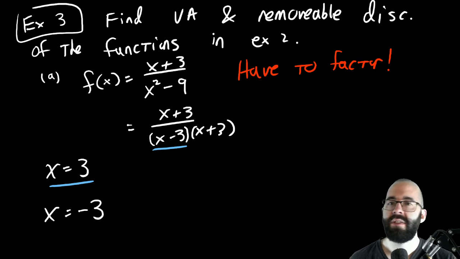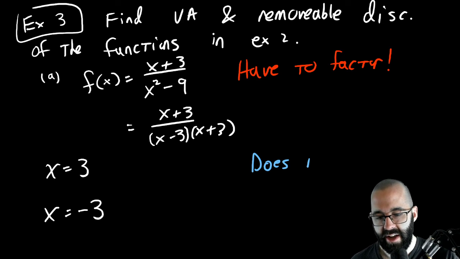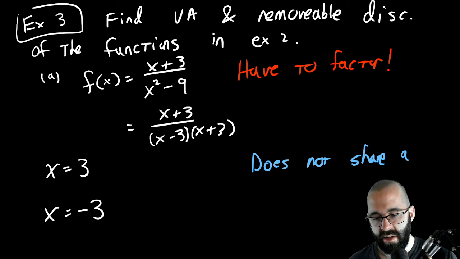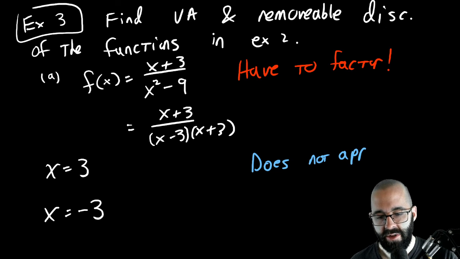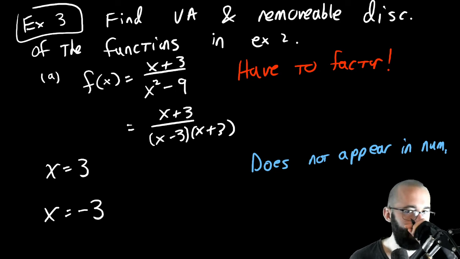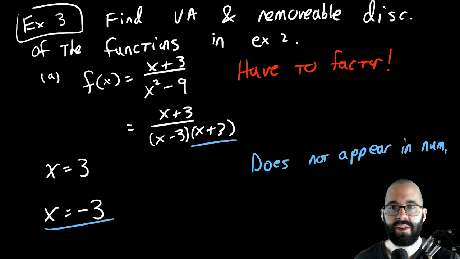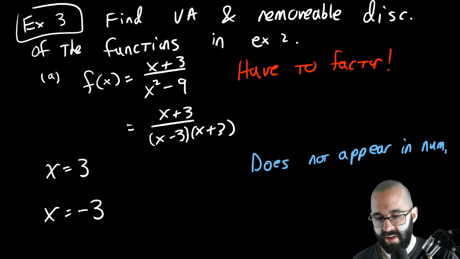So this one does not share a factor, right? Or, let's phrase it this way, does not appear in the numerator. Whereas the second one, this factor does appear in the numerator.